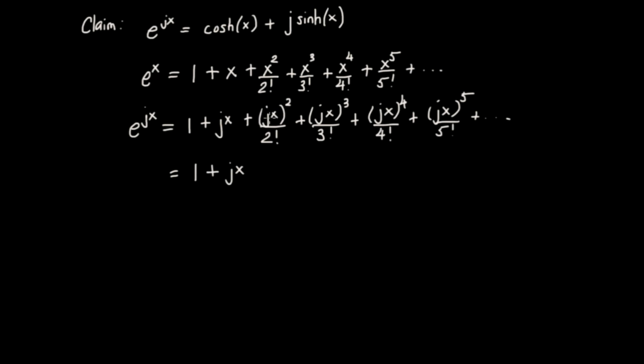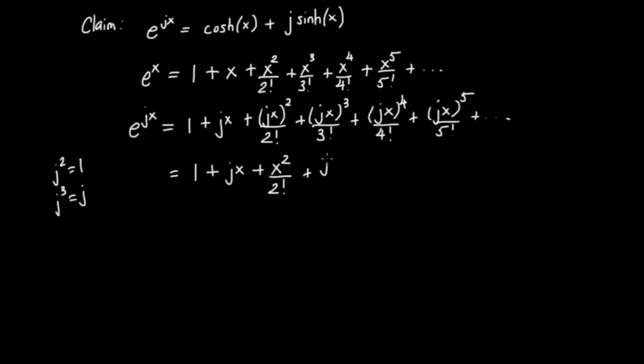However, in this term I have j squared times x squared. Now j squared is going to be 1, so that leaves me with x squared over 2 factorial. Next I have j cubed times x cubed. Now if j squared is equal to 1, just multiplying both sides by j, that means that j cubed is equal to j.